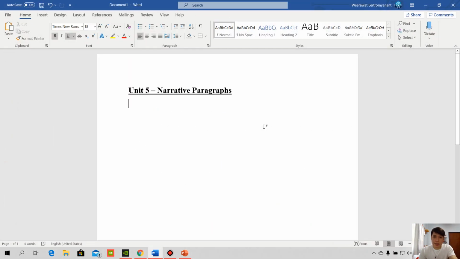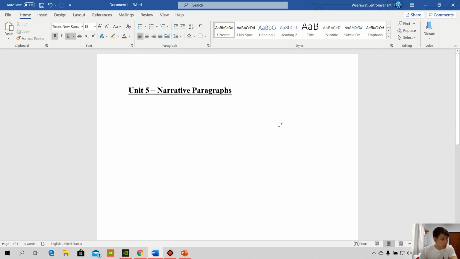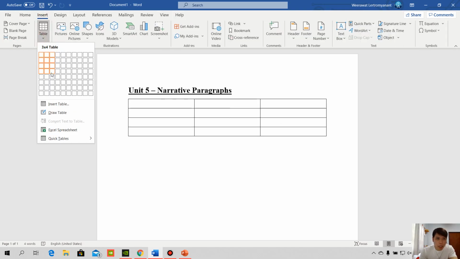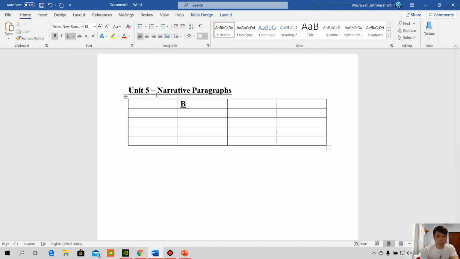Okay, I'm going to use this one. Insert a table with 1, 2, 3, 4 rows first, and follow this. We have before and during.